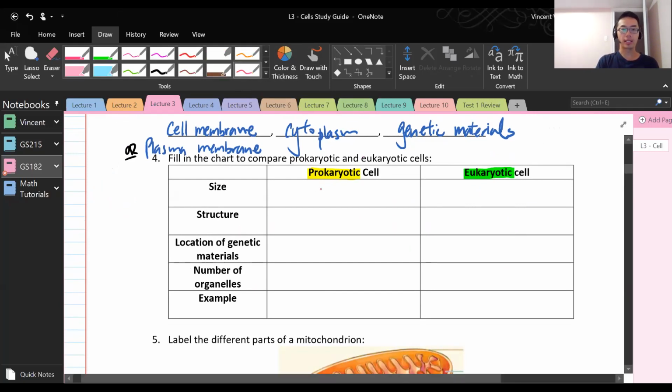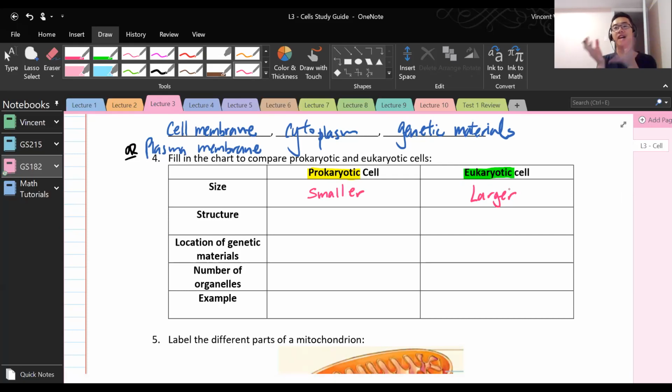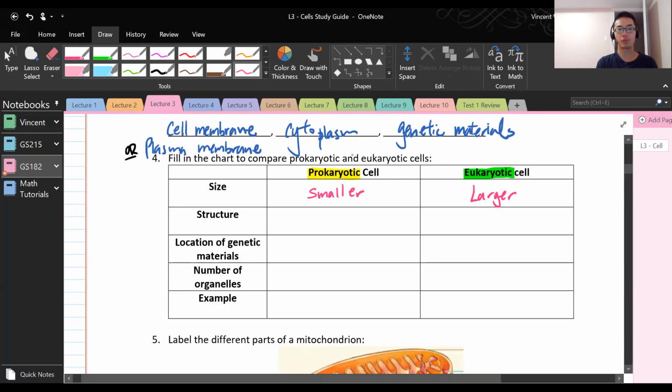Size: prokaryotic cells are much smaller, and eukaryotic cells are larger. To give you an idea, prokaryotic cells are so small that sometimes they can invade a eukaryotic cell and live inside them. So that's how the size difference would compare.